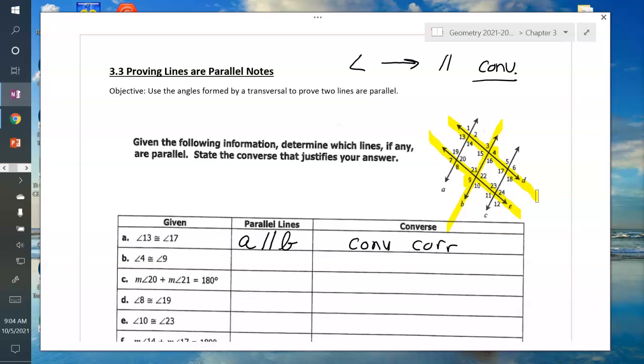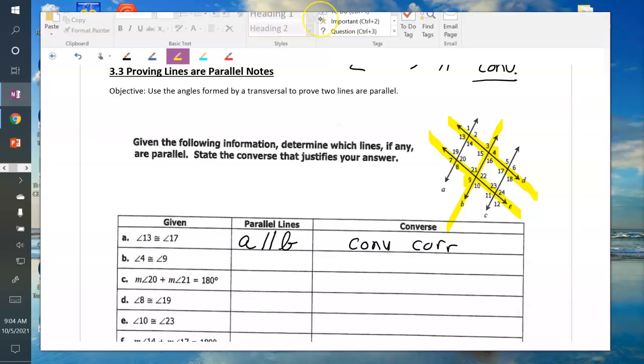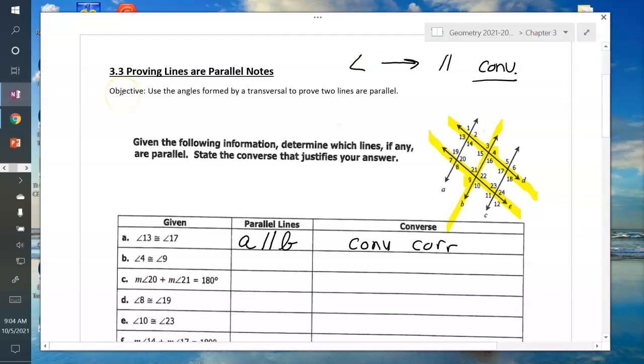So we have alternate exterior angles. So alternate exterior angles. Remember converse? And the lines that would be parallel in this case are D and E. So D is parallel to E.